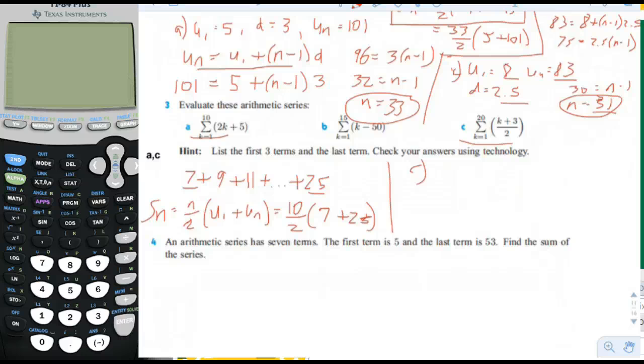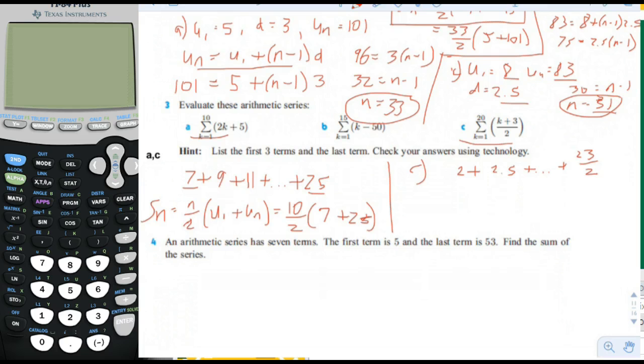Now C, let's see, the first term would be 1 plus 3, which would be 4, divided by 2, which is 2. The second term would be 5 divided by 2, which is 2.5. And then the last term would be 20 plus 3 divided by 2. 23 divided by 2.